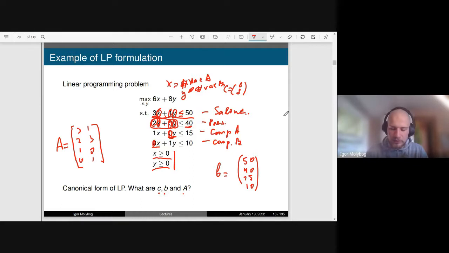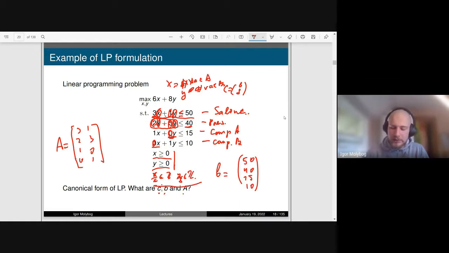You can just introduce different constraints saying that x over 6 must be an integer, and y over 8 must be an integer. So this is one way to do this.